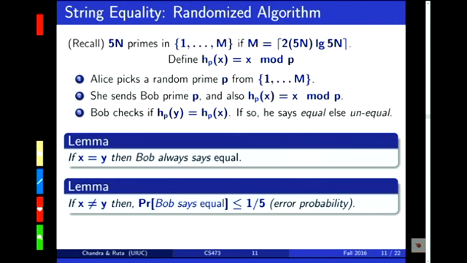That means x mod p equals y mod p. What does this say about the absolute value of the difference x minus y? It has to be a multiple of p. So p should divide the difference between x and y.